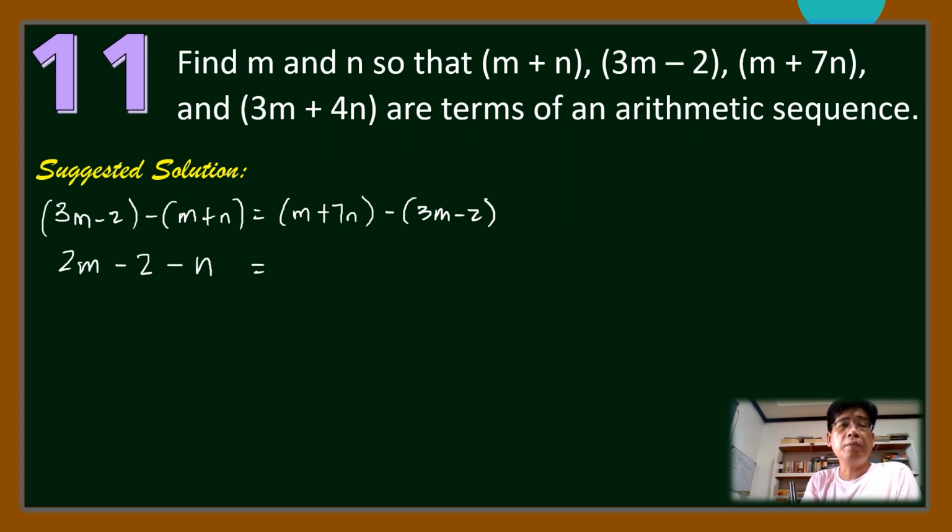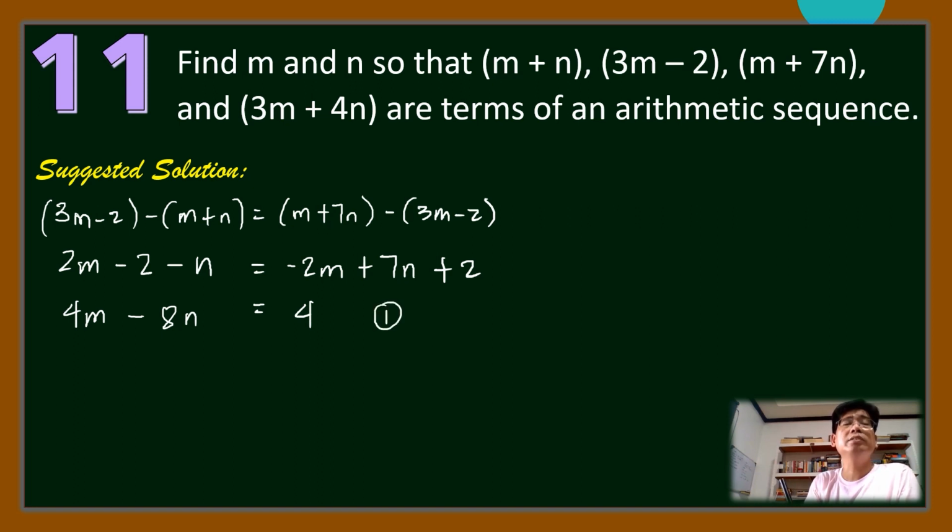On the right hand side, m minus 3m is negative 2m. Then we have plus 7n plus 2. Further simplifying, we have 4m, that is adding 2m to both sides of the equation, minus 8n, and then add 2 to both sides, we'll have 4 on the right hand side. Let us have this as equation 1.